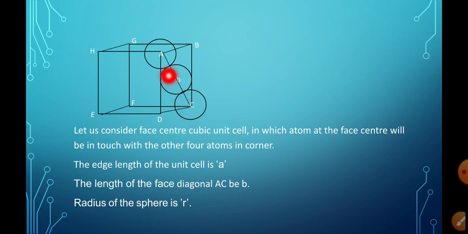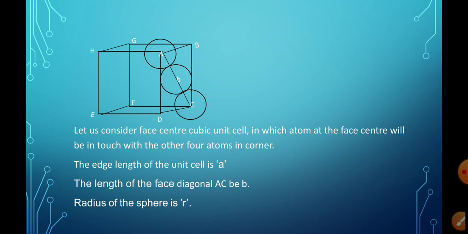We need this face diagonal to give the relation between the sides and the radius of the spheres. For the calculation purpose, we need this face diagonal. Let us move on to the next part.